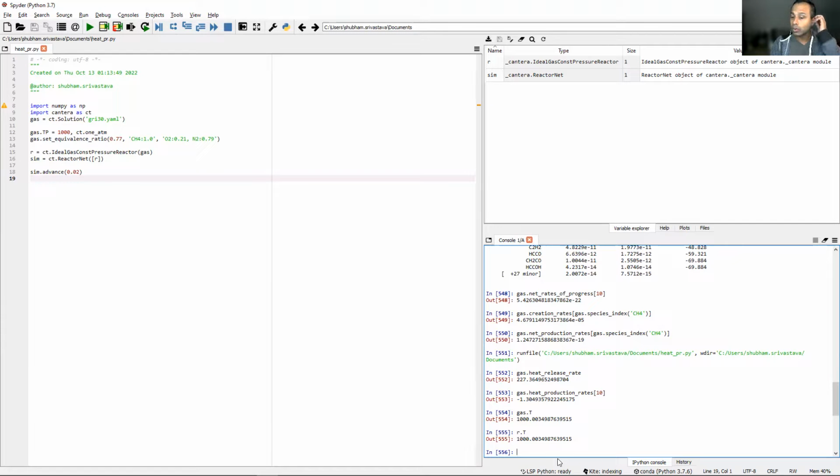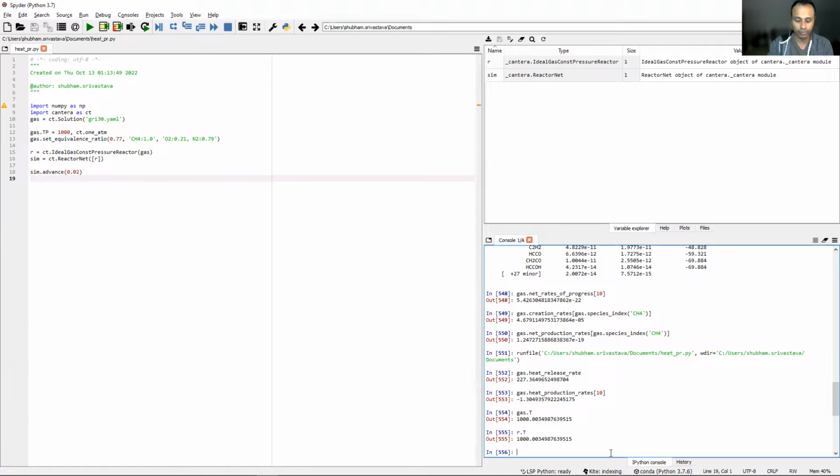And so when we sum up all of the heat, and again, sorry, I think I misspoke there. This is heat production rate. So this is the heat being produced from a reaction. Okay, so if we add up all of the heat from each of the reactions, it should be equal to the total heat from the system.